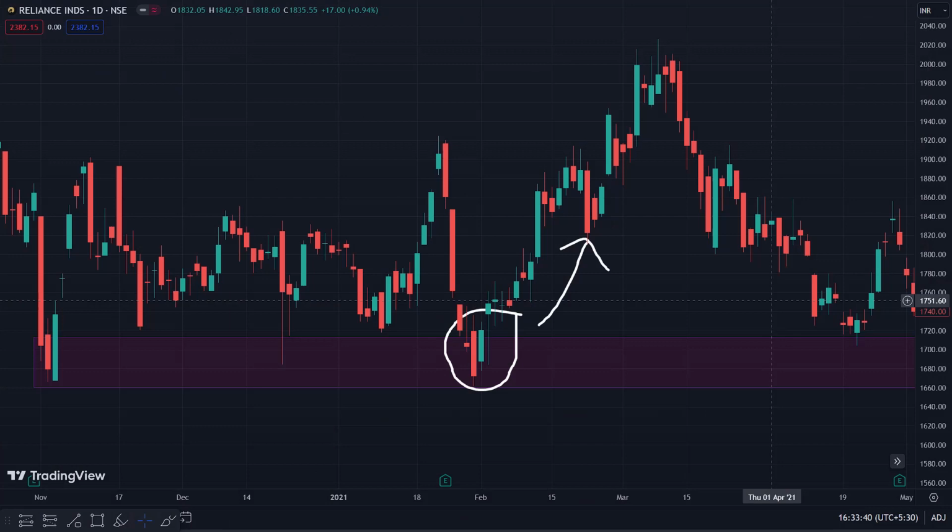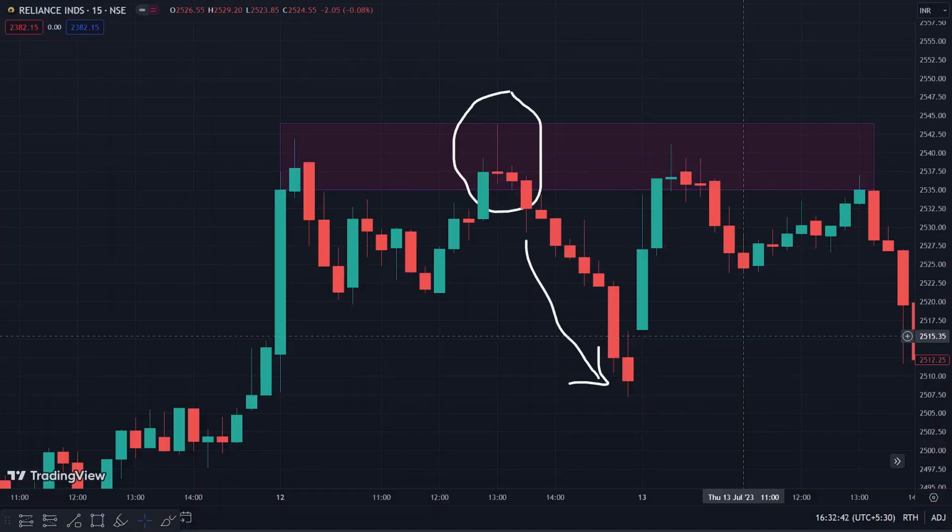Whenever Reliance hits that 1700 level, we can initiate a bullish trade depending upon the candles and patterns which support the bull trade. Likewise, we can also trade the resistance levels by looking for bearish patterns or bearish candles, and we can initiate bearish trades.